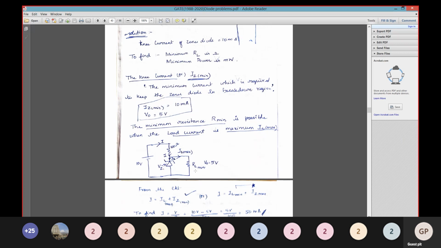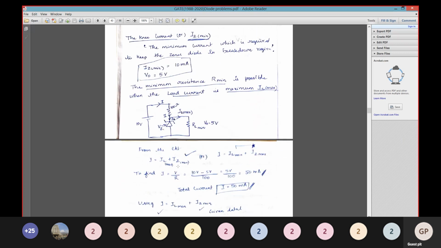The total current is I, and it is divided into two: one through the Zener diode, I_Z, and one towards the load resistance, I_L. So total I is equal to I_L maximum plus I_Z minimum. This you need to remember.